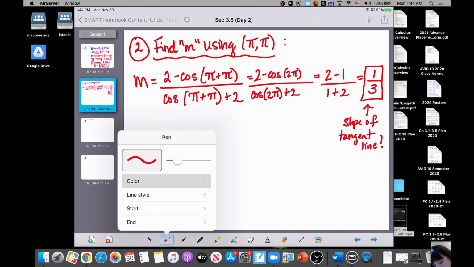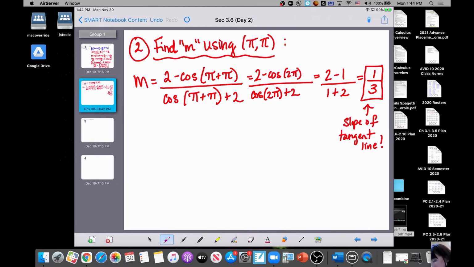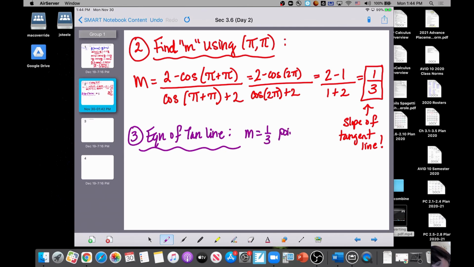And then finally, the last step in my problem is going to be to write the equation of my tangent line. And I know that my slope is 1/3, and I know that my point is (pi, pi). So y minus pi is going to be equal to 1/3 times (x minus pi).